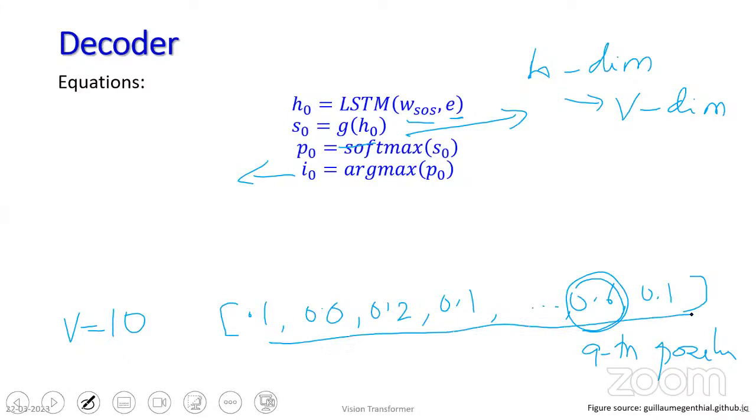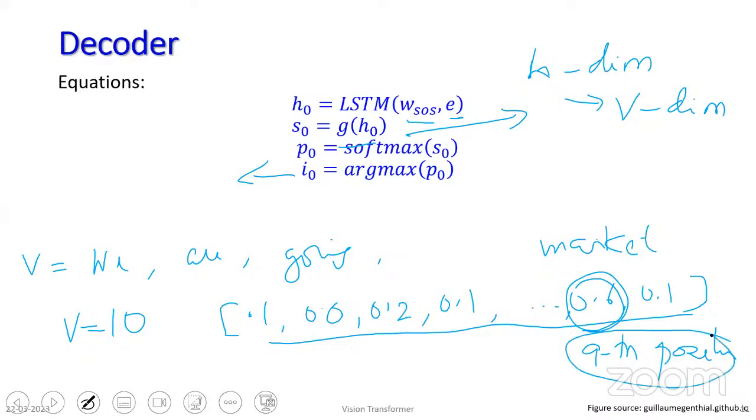Suppose your vocabulary contains 10 words: the first word is, say, V, the second word is R, the third word is going, and so on, and the ninth word is market. The ninth position gives me the highest probability, so once I0 is obtained, you are able to find out the corresponding word.